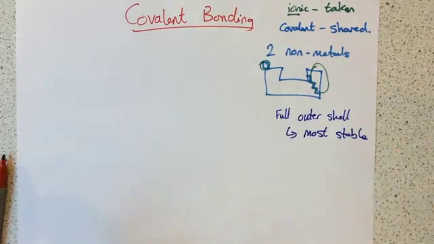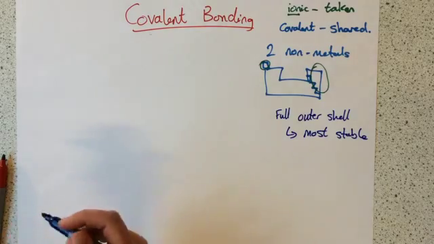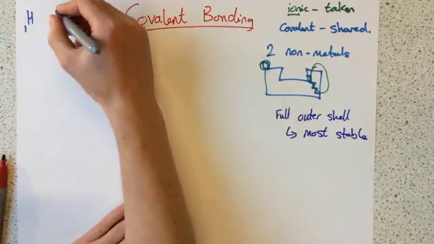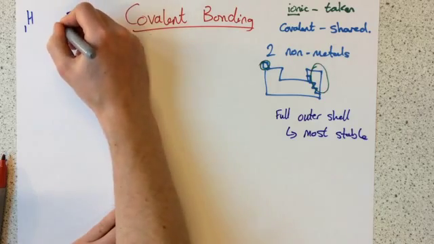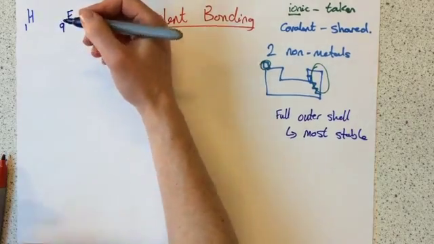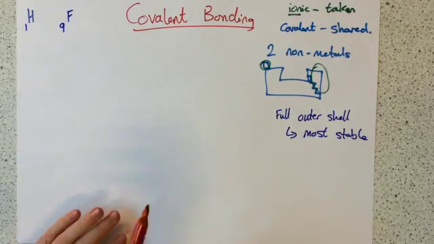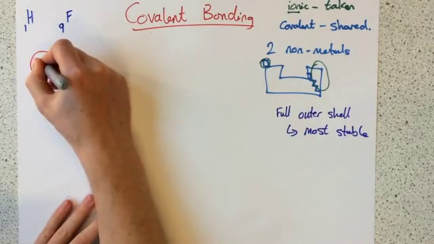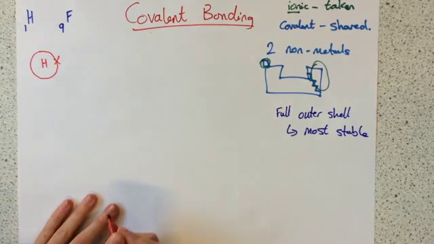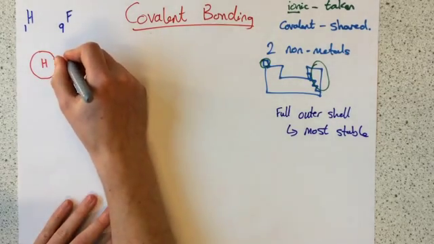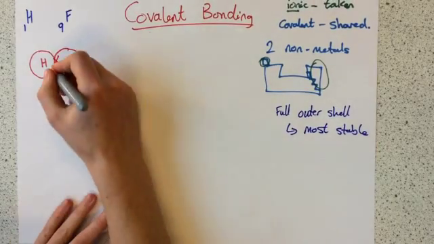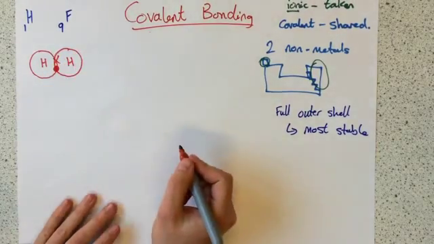So let's do an example. Let's start off with doing examples with hydrogen, which has 1 electron, and fluorine, which has 9 electrons. So, hydrogen and hydrogen. Well, hydrogen has got 1 electron. Another hydrogen can bond to it where the electrons are shared.